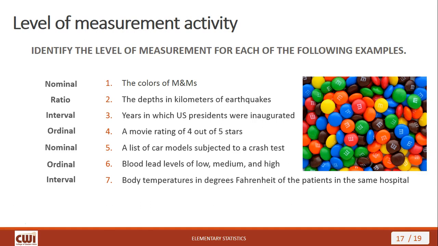That 0 degrees isn't measuring 0 temperature. It's just a standard point at which you stick something into the temperature scale. So 0 degrees doesn't mean there's no temperature because of the way the Fahrenheit scale works. Therefore, there is a natural way to order this, but no natural 0 point, and that makes this interval level of measurement.